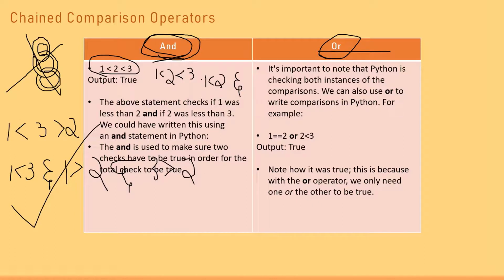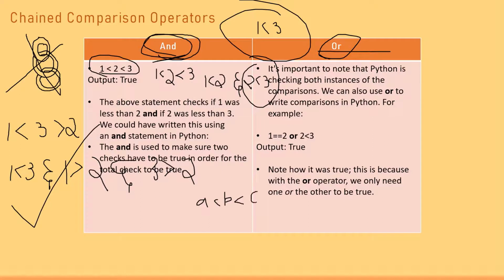The next thing, 1 is less than 2 and 2 is less than 3. In this place, you can also write 1 is less than 3. Anything is the same. Let's say if A is less than B and B is less than C, so C is greater than A and B. Let's use basic mathematics here.